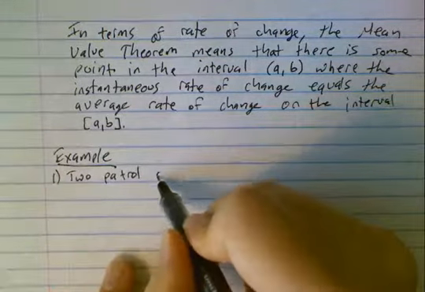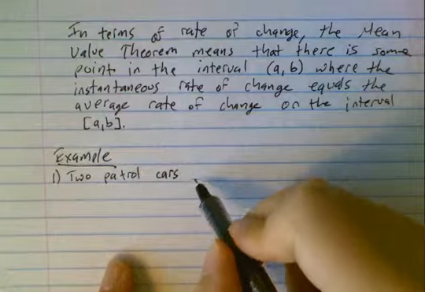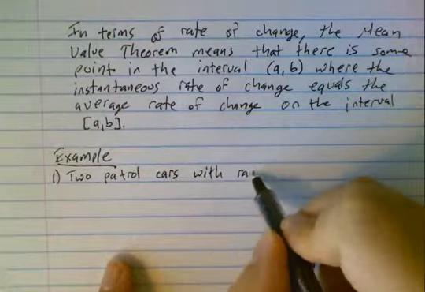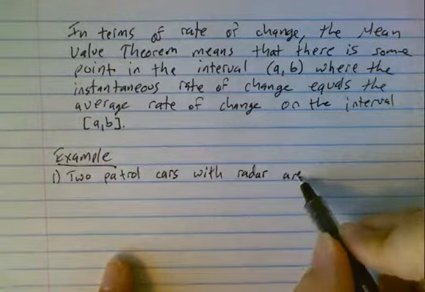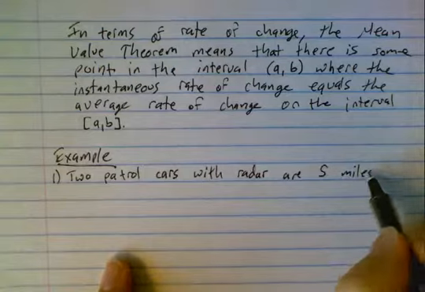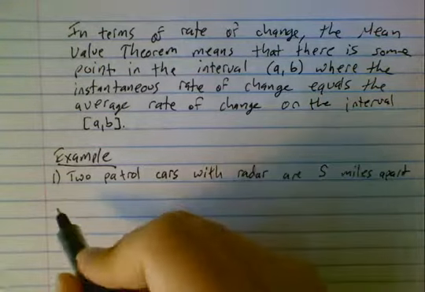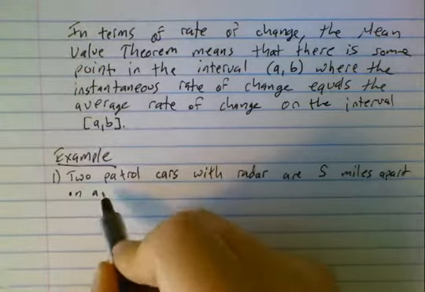Two patrol cars, so this is like highway patrol, with radar, are 5 miles apart on a highway.